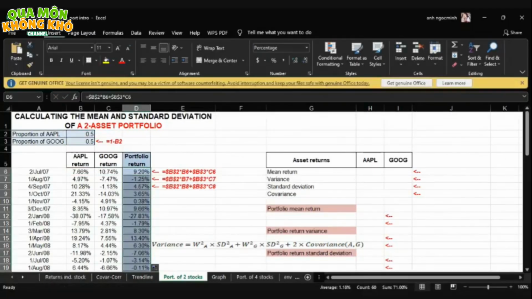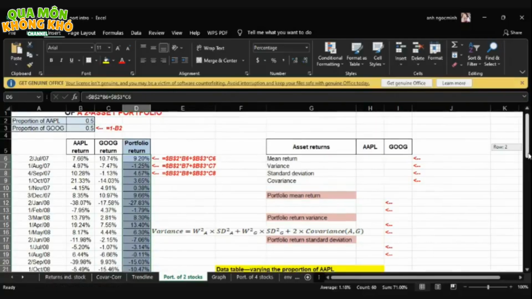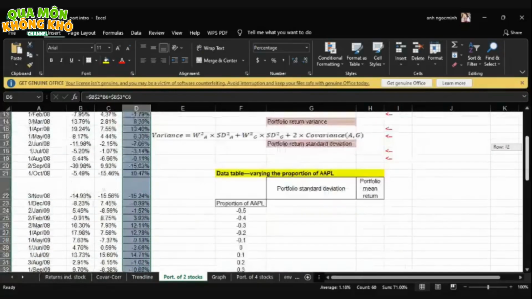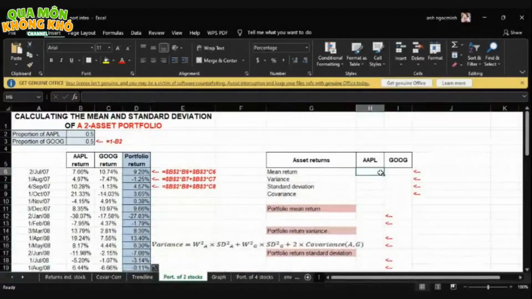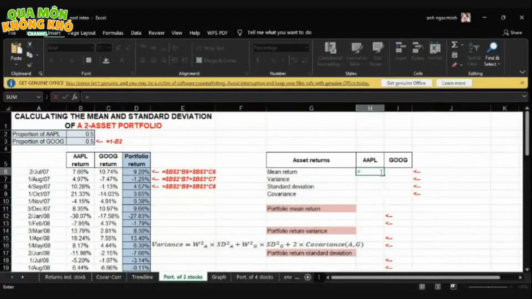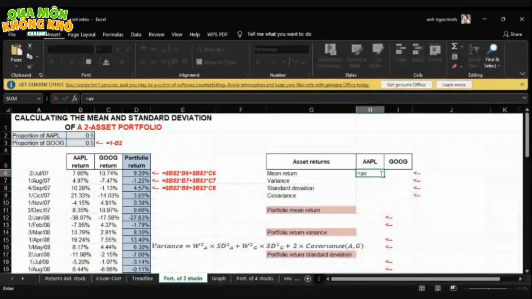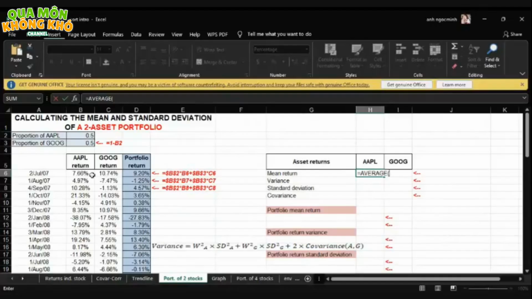So here we have the result. And about the mean, we also calculated this before, and let's just do a quick calculation.